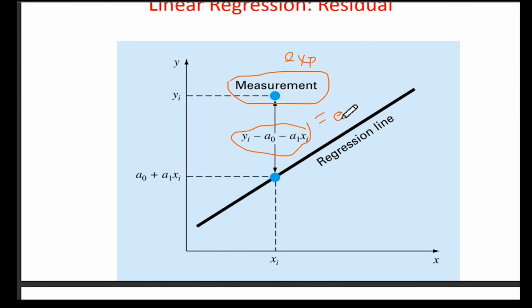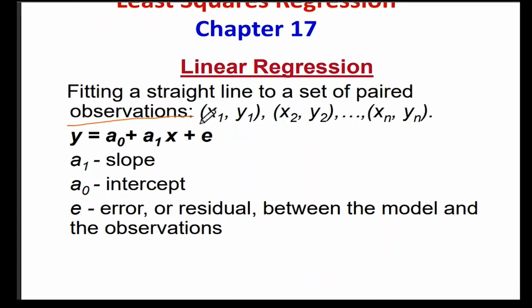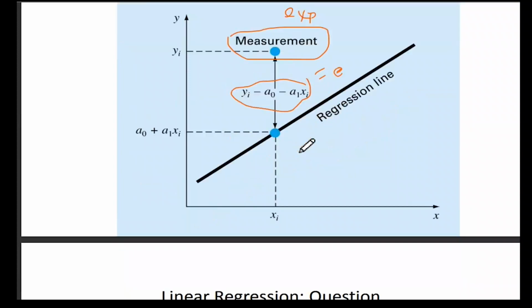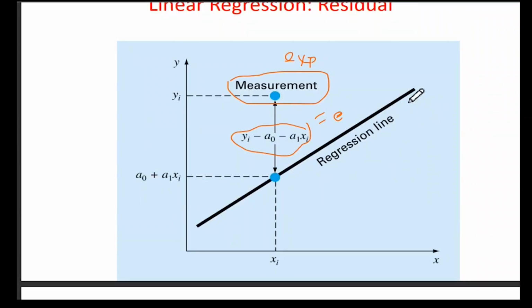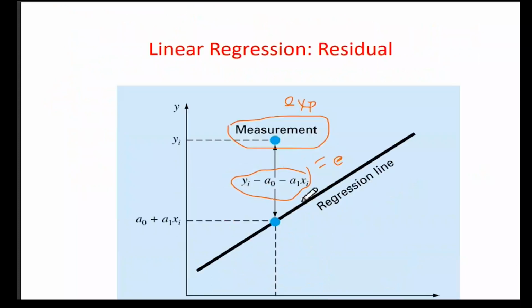So from this figure, we can see how this equation functions. We have a regression line given by this equation, where the e value comes from the difference between the measurement point and the point from the model itself.